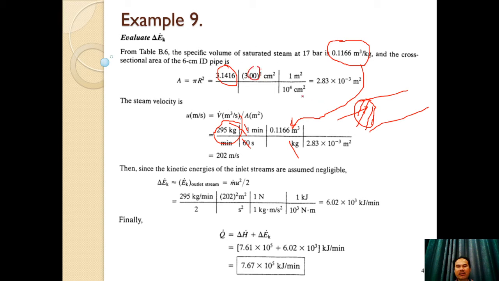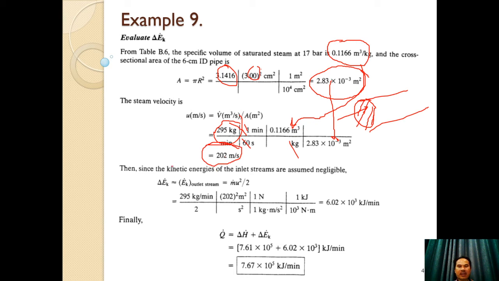And then you change from centimeter to meter: 100 centimeter equal to 1 meter, 10,000 square centimeter equal to 1 square meter. And then you can calculate area equal to 2.83 multiplied by 10 power minus 3 square meter. Then you substitute this and calculate the velocity, 202 meters per second.